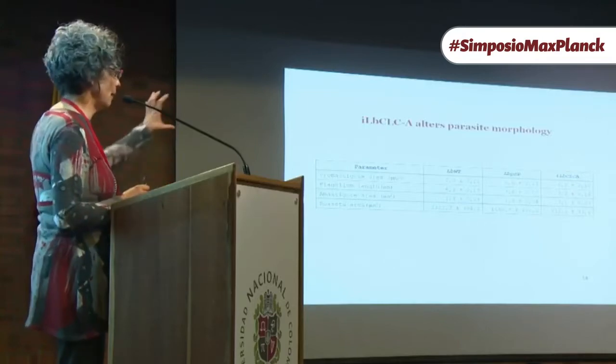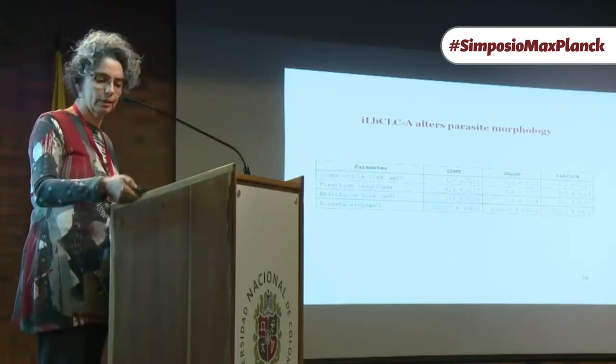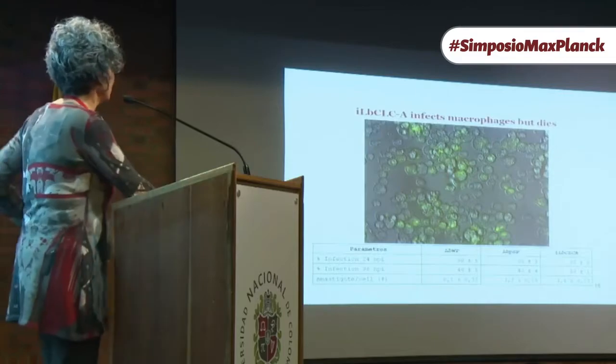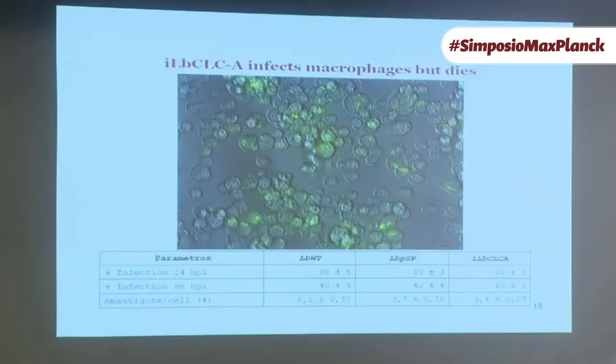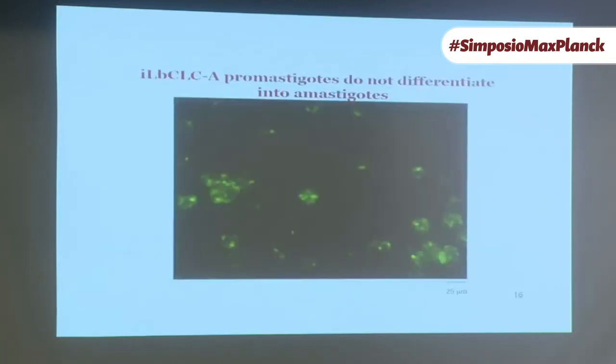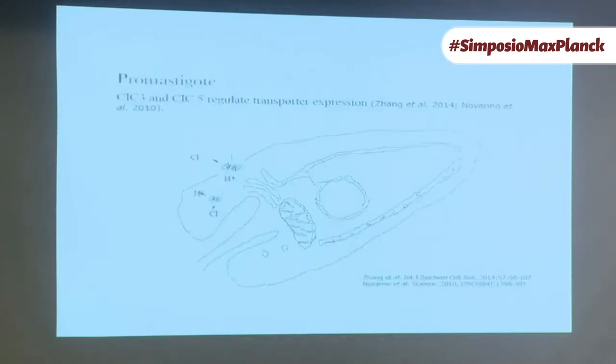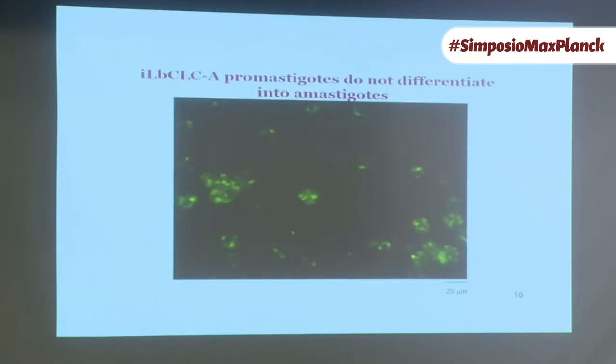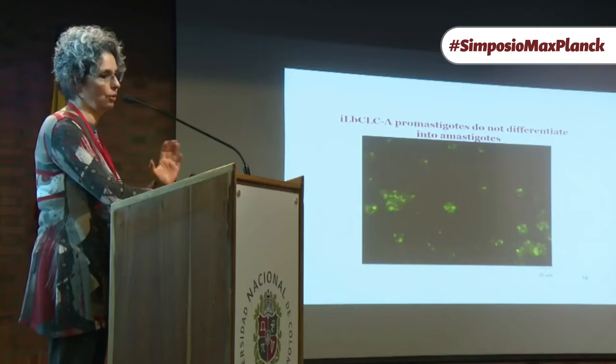Then, because we had the system, we looked at the morphology. This parasite is different; I'm going to come to this data later if time allows. But to our surprise, when we infected with this transfectant, this is a 24-hour infection, and this is a 96-hour infection. After 96 hours, the macrophage killed the parasite, and that shouldn't happen.